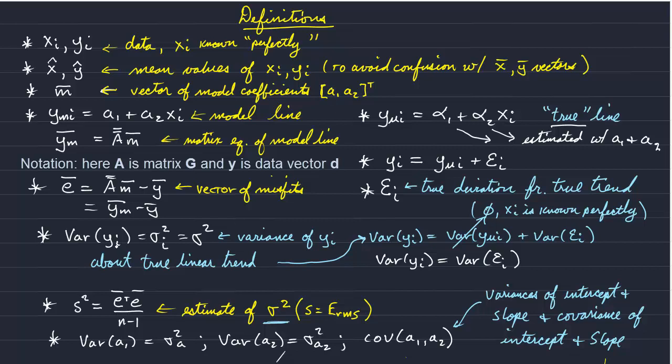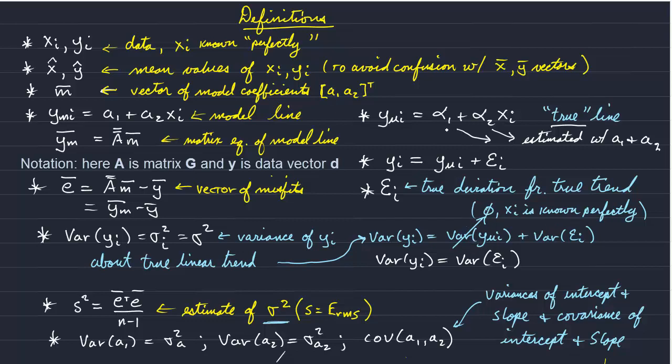Now, the variance of each measurement of y is described as sigma squared sub i. In this case, we're going to assume that the variance is the same for all our measurement points, so we'll just refer to this as sigma squared. And we've assumed that x is known perfectly, so the variance in the model line is 0.